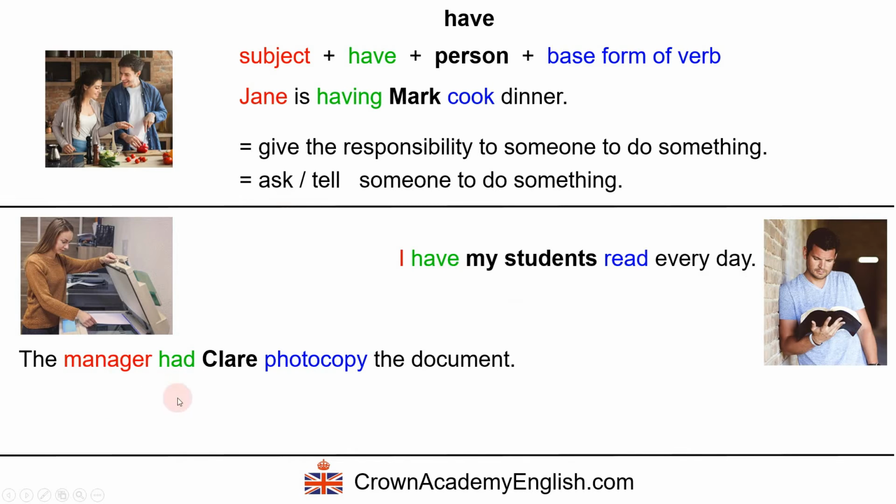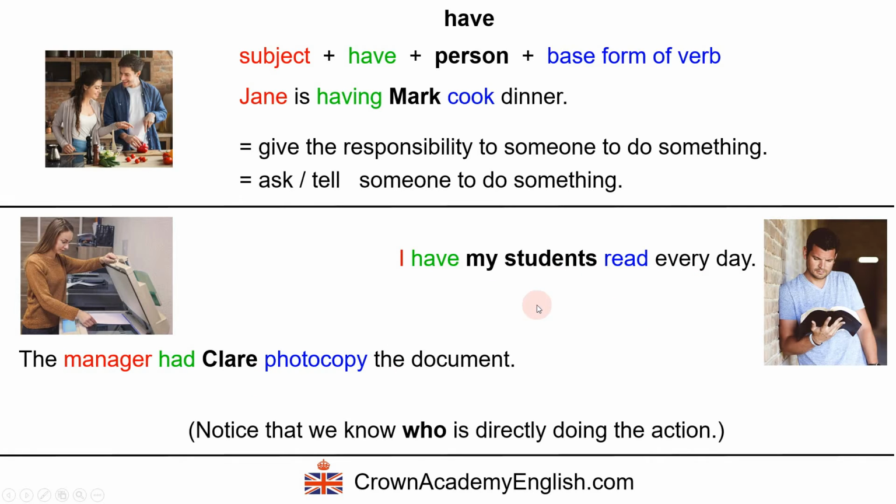We are asking someone to do something. Notice that when we use this structure, we know who is directly doing the action, because it's this person here. And that's important because you will see in the next example that is not the case.